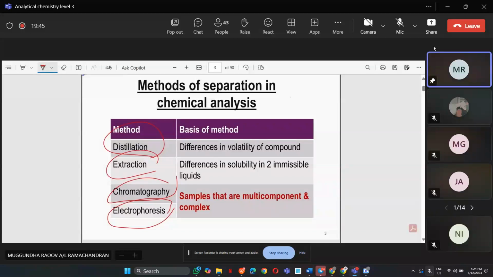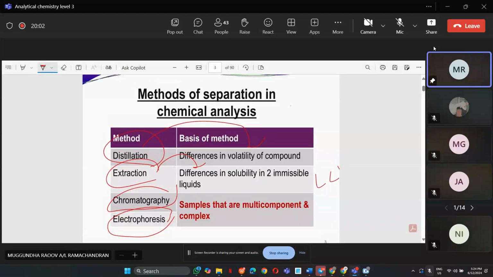Distillation is based on the differences in volatility of compounds. Extraction is based on differences in the solubility in two immiscible liquids, for example liquid-liquid extraction, which we call LLE.